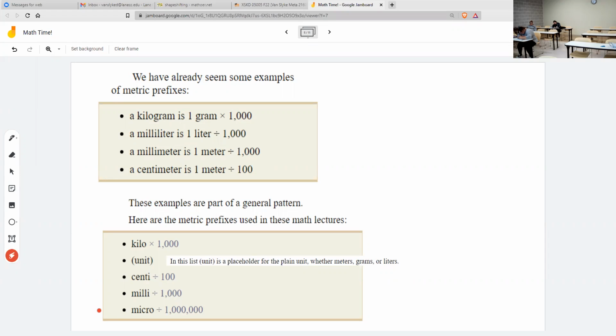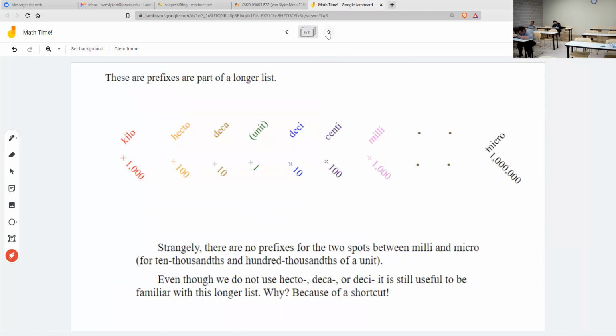and micro. But these are actually part of a bigger pattern. So I'm going to show you that just so you are well educated. So starting on the left and working to the right, kilo is times 1,000. Then there's one called hecto, times 100. Deca with an A at the end is times 10.